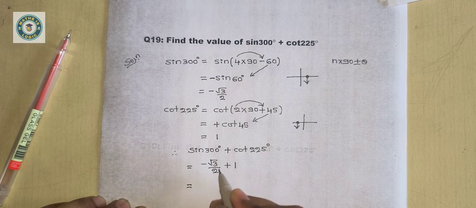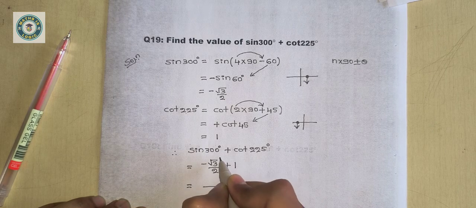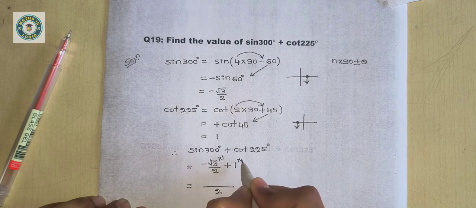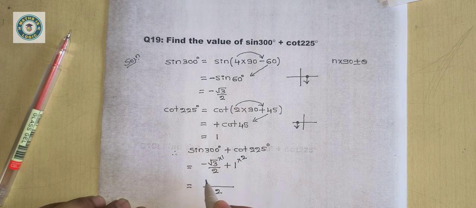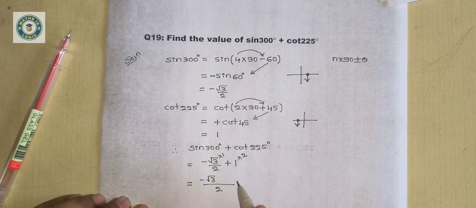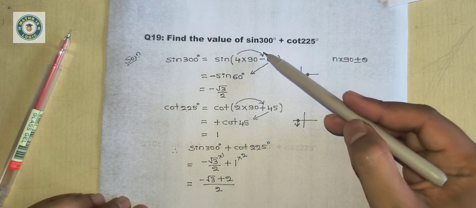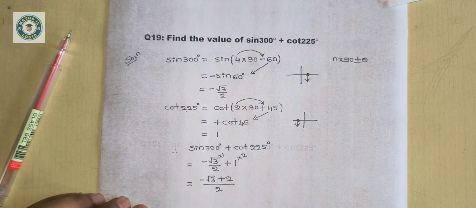So next here you can directly use the calculator to find out the fraction values, otherwise take the LCM. So LCM is how much here? 2. So here multiply by 1 and here multiply by 2. Minus root 3 into 1 is how much here? Minus root 3. Again plus 1 into 2 is how much here? 2. So this is the value of what? Sin 300 plus cot 225.